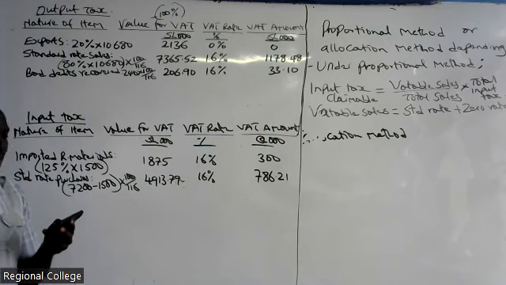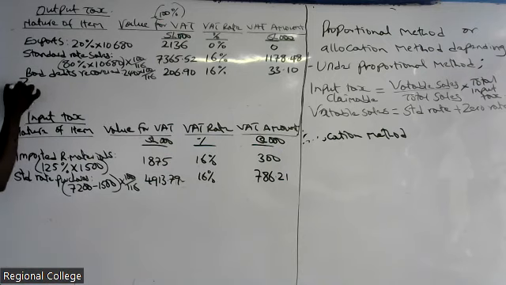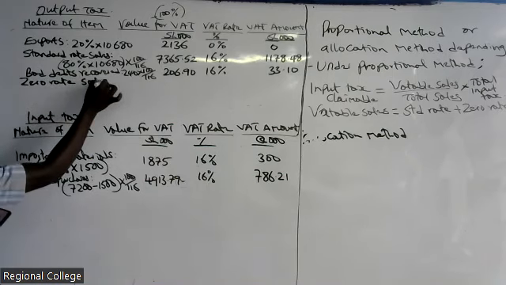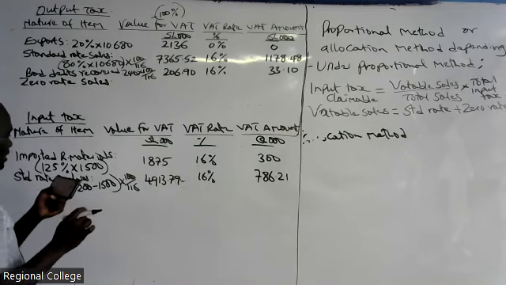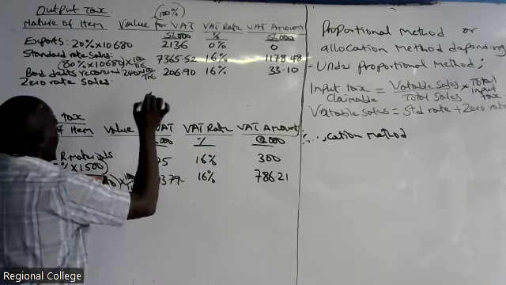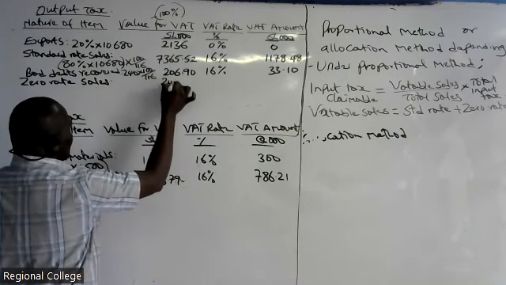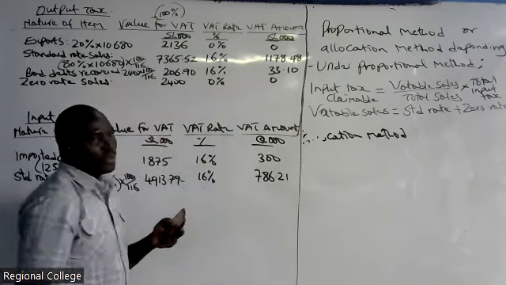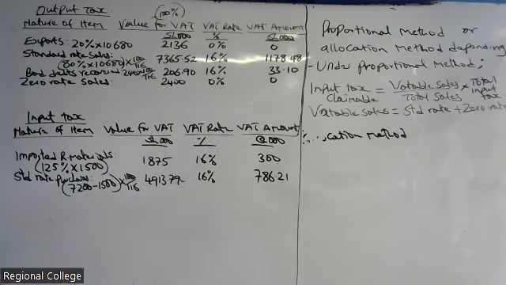We have zero rate sales. The figure is 2,400. VAT is 0% and the amount is 0. Delivery van, you write it for the sake of checks. We got the delivery van at how much?